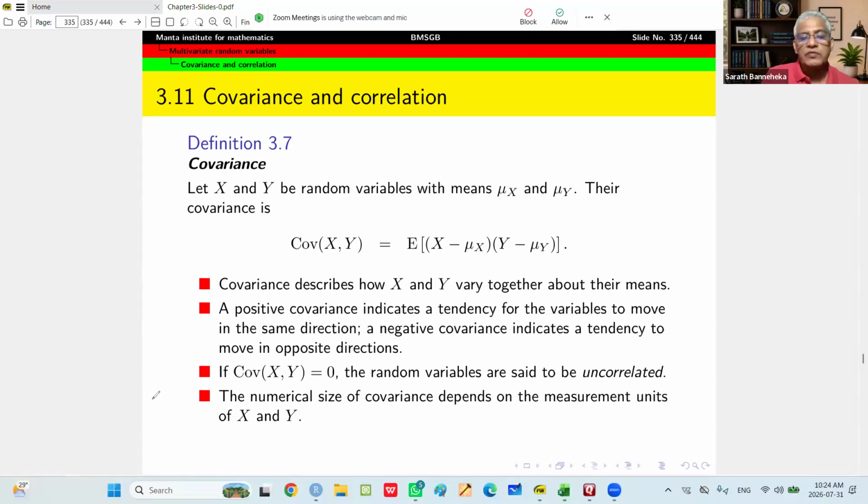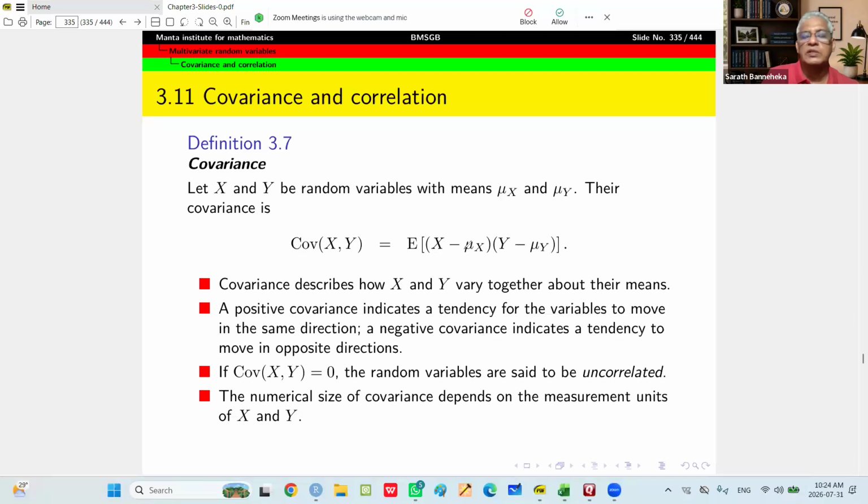So the numerical size of the covariance depends on the measurement units. Right. It's very similar to the variance. You know, variance has squared units. Variance of some random variable X has the squared units of X. And similarly, in this case also, covariance has the units of X and Y because it involves X and Y both. Right.